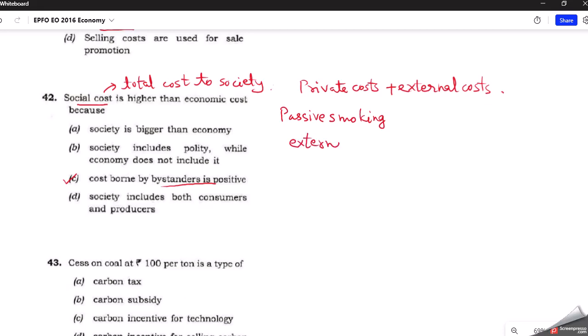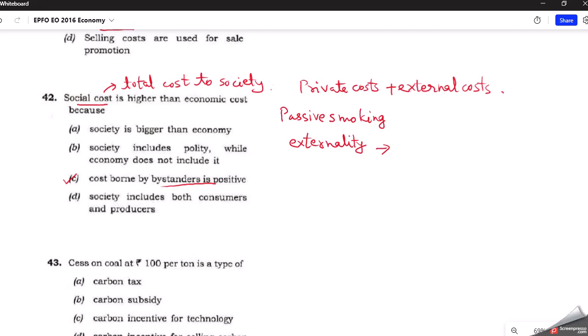The person who is smoking is getting affected, but the person who is standing adjacent to that smoker is also getting affected. Or we can say his or her health is also getting affected. So externality here means the cost or benefit borne by the bystander who is standing adjacent to that smoking person. So this is what is meant by social cost.